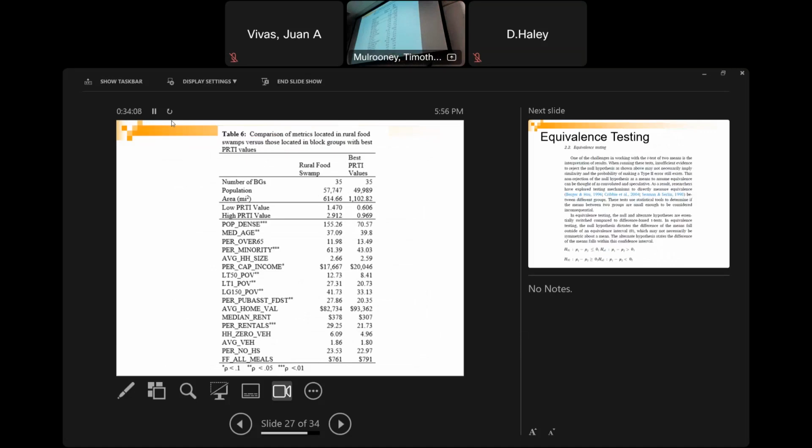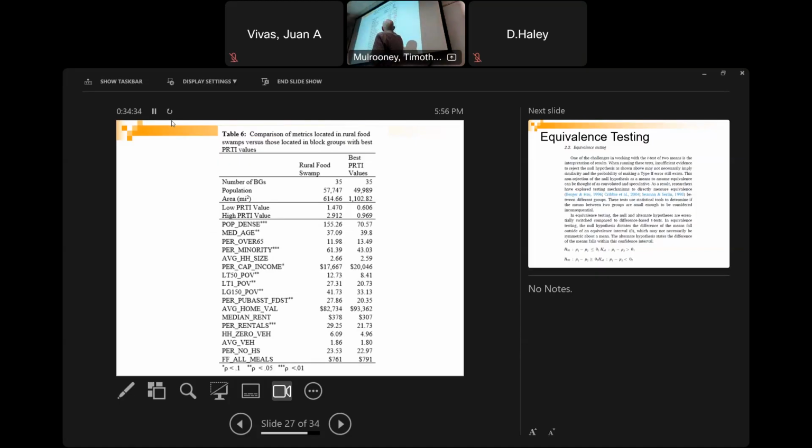This is the same thing with our food swamps. We've got food swamps here, we've got food access here, and we can see the difference between these. Anything with a little star means they're statistically different. The average home value, 82 versus 93, is a difference of $11,000, but I threw it into the formula and it was not statistically different, so I can't say they're statistically different.